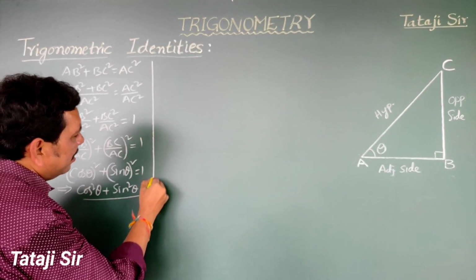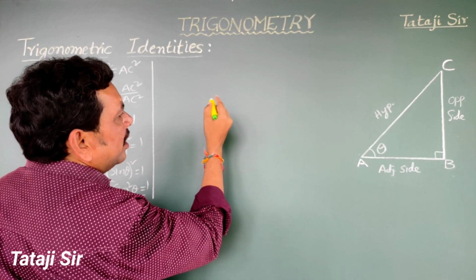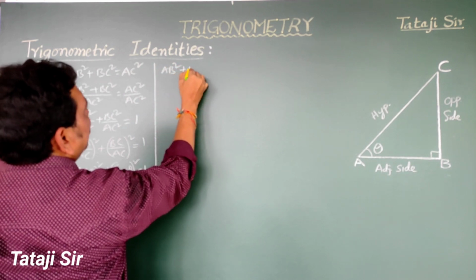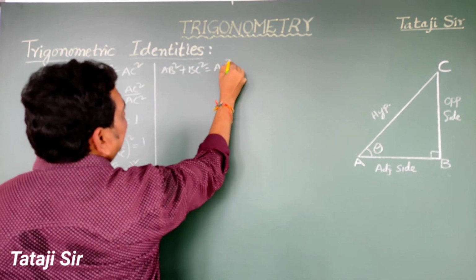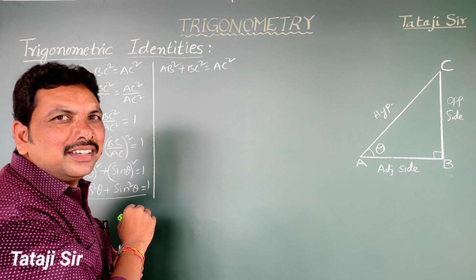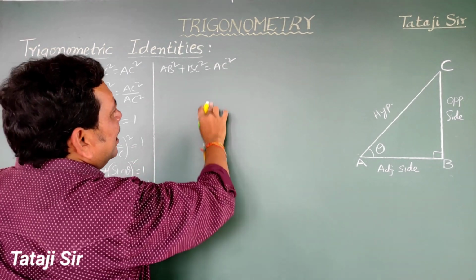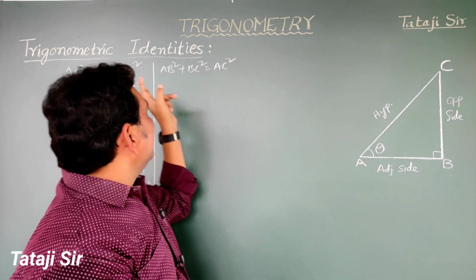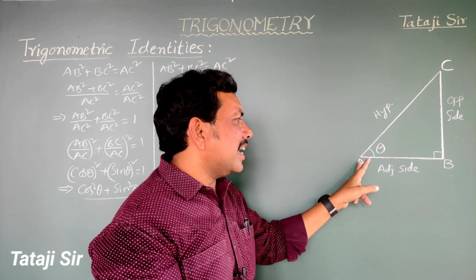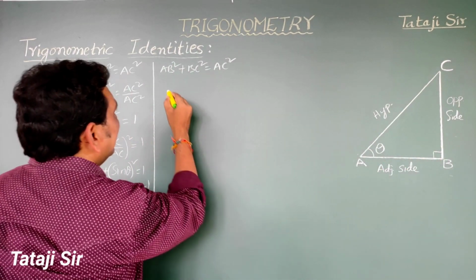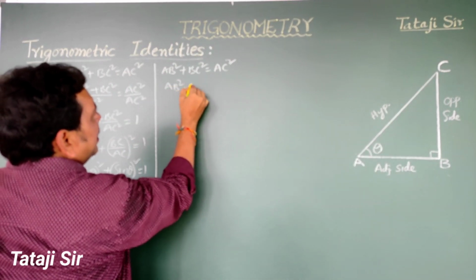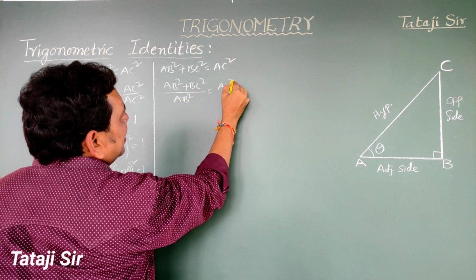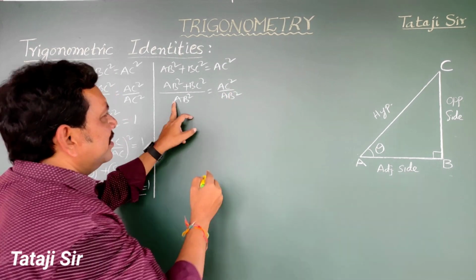Okay, let's derive the second one. Again take AB square plus BC square is equal to AC square. Here divide on both sides by AB square. First I divided by AC square, second by AB square. That is (AB square plus BC square) by AB square is equal to AC square by AB square.